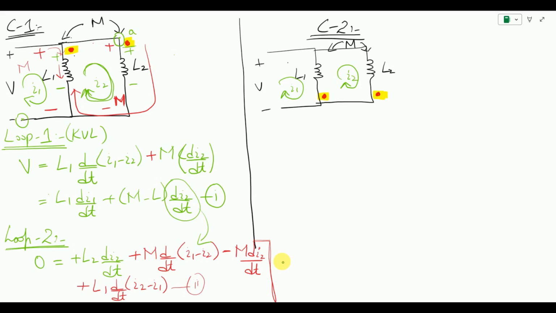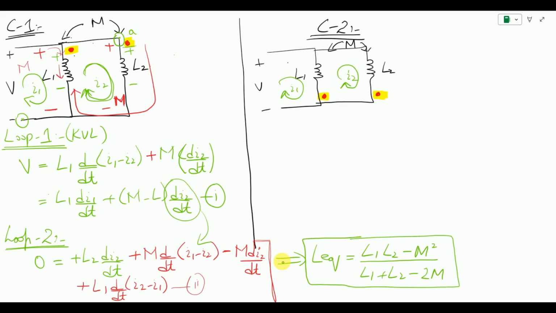From equation number 2 you can then figure out the value of di2 by dt. Once you simplify this, the L equivalent should come out to be L1 L2 minus M square divided by L1 plus L2 minus 2M. So this is the L equivalent when we have a parallel combination.